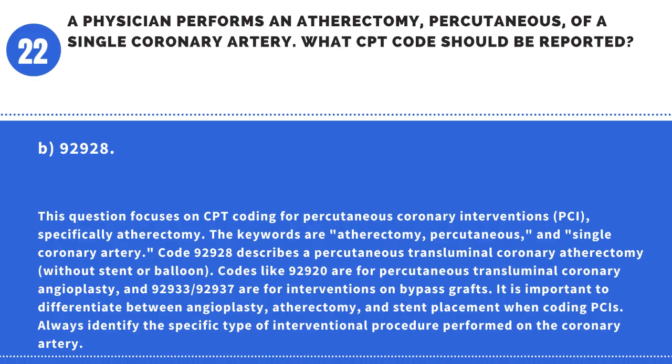Codes like 92920 are for percutaneous transluminal coronary angioplasty, and 92933/92937 are for interventions on bypass grafts. It is important to differentiate between angioplasty, atherectomy, and stent placement when coding PCIs. Always identify the specific type of interventional procedure performed on the coronary artery.